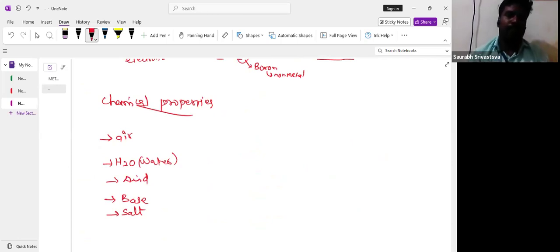Because whenever we take an element, we should not decide whether it is metal or non-metal with the help of the physical property. We should decide with the help of the chemical property, how it behaves with chemicals.